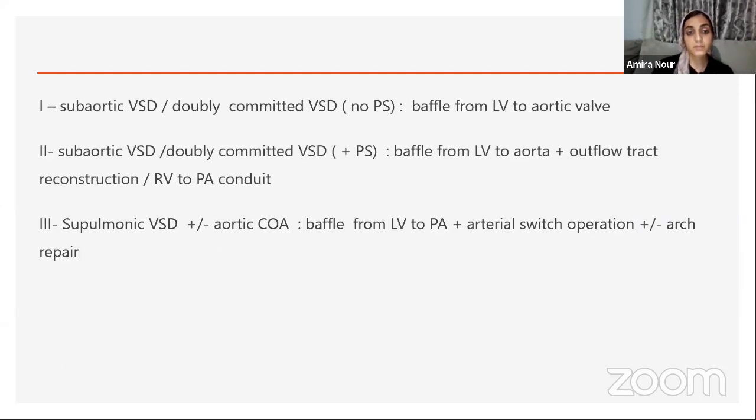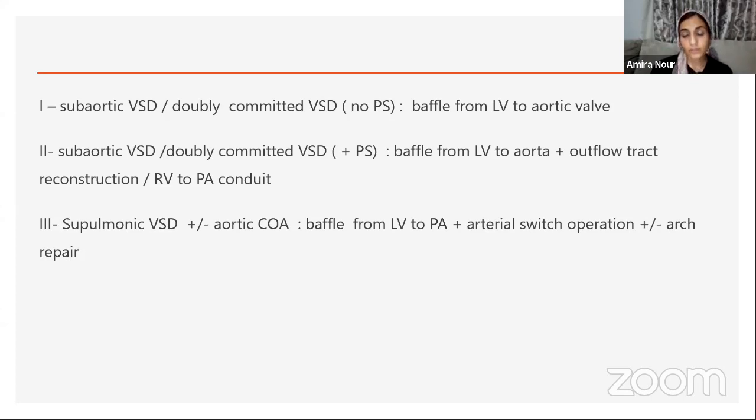Going with a little more detail through the surgical procedure, to summarize, I will give only some points. If you have a patient with subaortic VSD or doubly committed VSD without pulmonary stenosis or outflow tract obstruction, you can just baffle the blood from the LV to the aortic valve.